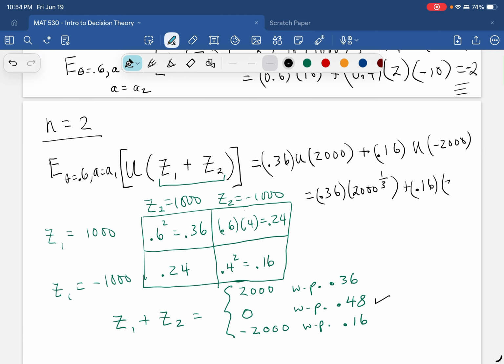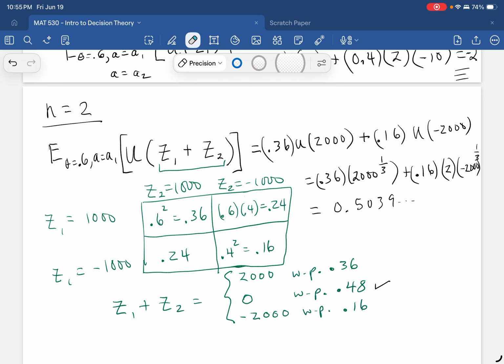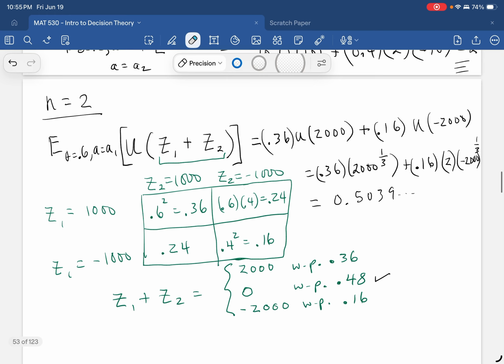So it would be 2 times negative 2,000 to the 1/3, which would be 0.5039 and some change. And then of course the expected utility, if we choose action A2, which is not to play, is going to be 0. So in this case, it would be feasible to play the game.